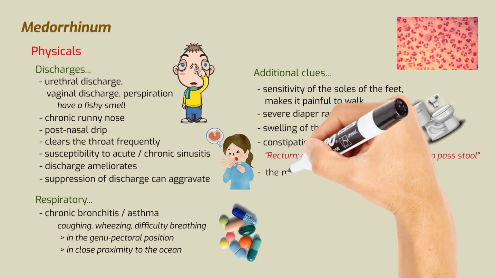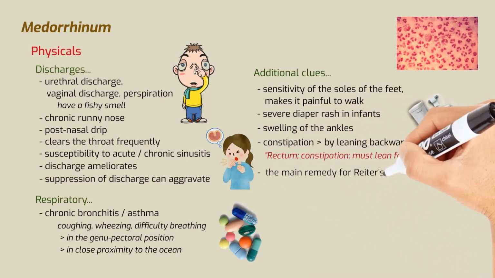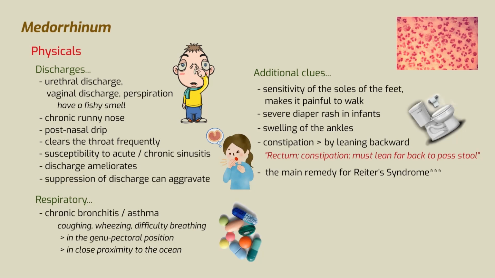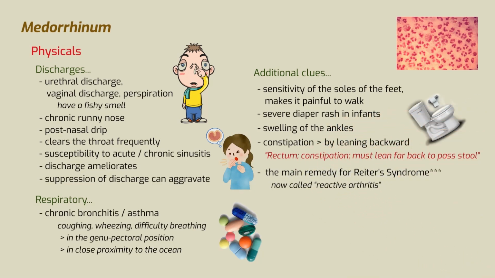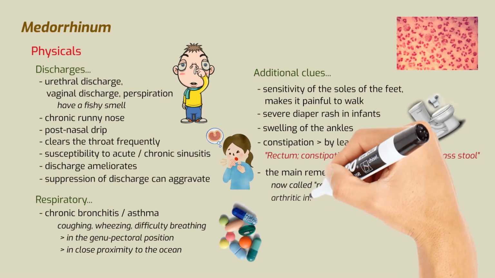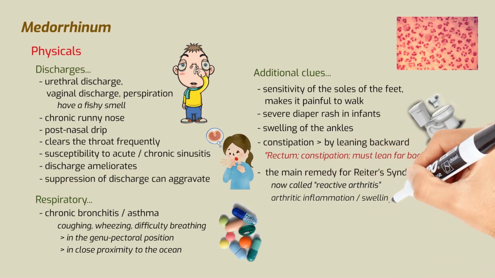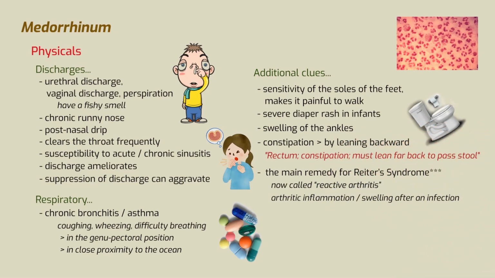And lastly, the main remedy indicated for Reiter's syndrome is Medorrhinum. This is an older term for a condition that is now conventionally referred to as reactive arthritis. It's defined as arthritic inflammation and swelling that develops after an infection somewhere else in the body.